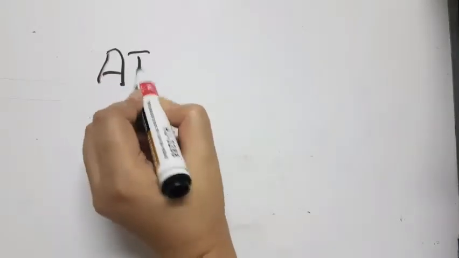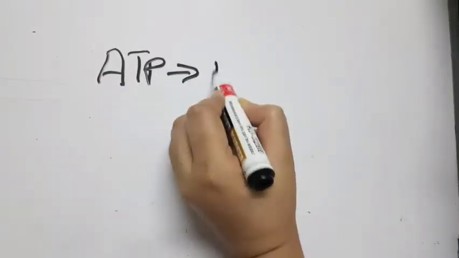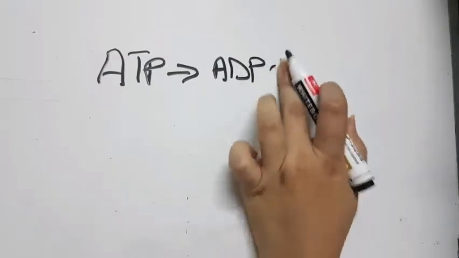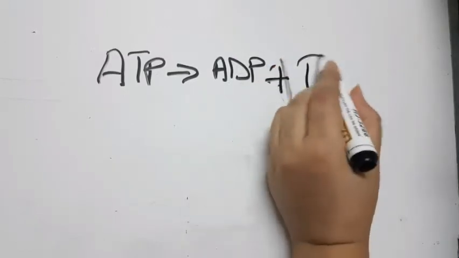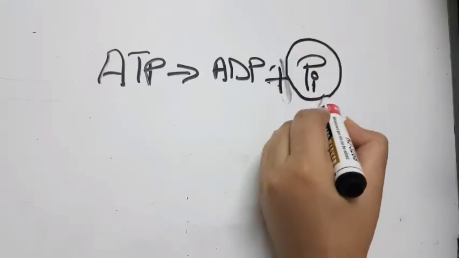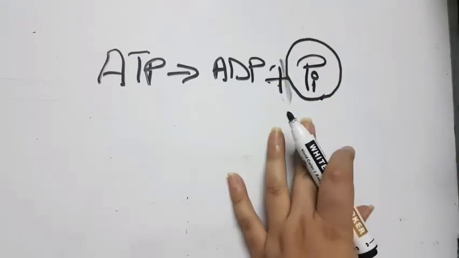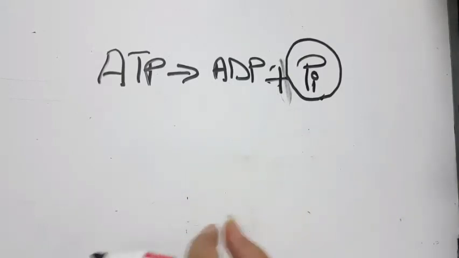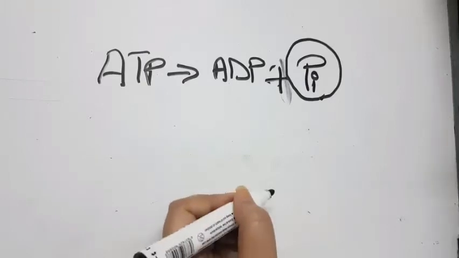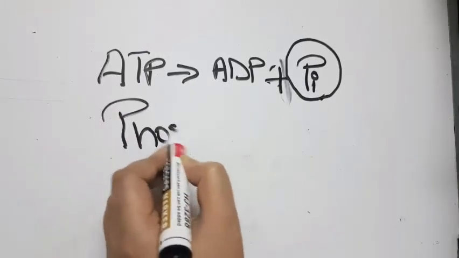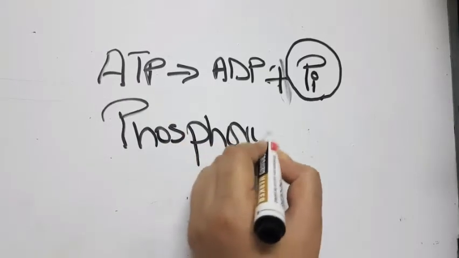During active transport, when ATP is broken down into ADP and phosphate group, this phosphate group is attached to or accepted by these transmembrane proteins or pumps, and that process is called phosphorylation.